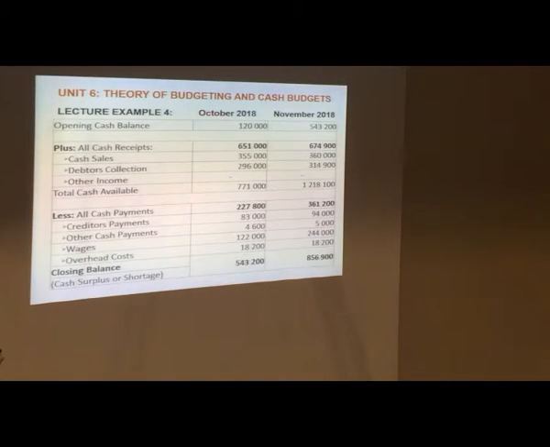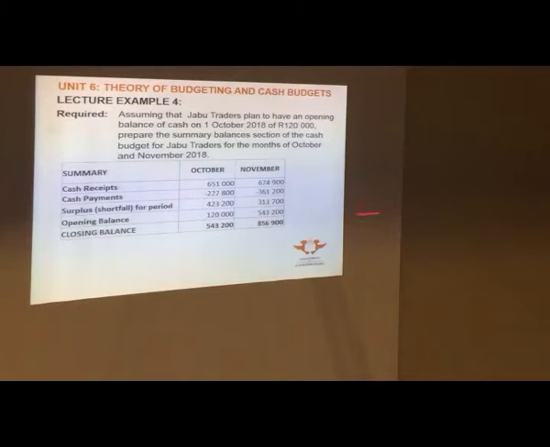I prefer to have my opening balance there, plus all my receipts gives me my total cash available, minus all my payments gives me my closing balance, okay? It's exactly the same. This is just a consolidated picture of what you did in lecture example 2 and 3 and 4. Okay, you've got the same closing balance there, 856,900 as you have there.